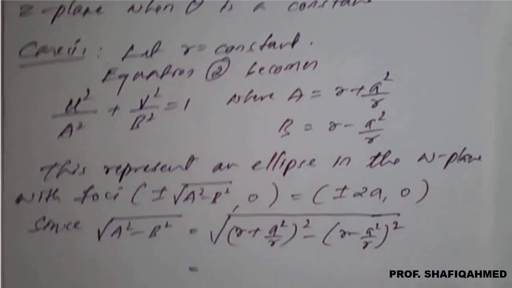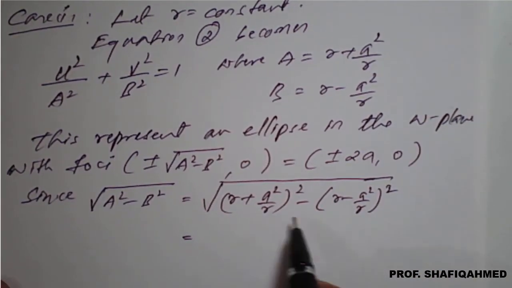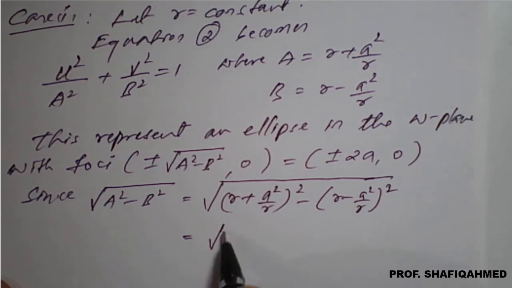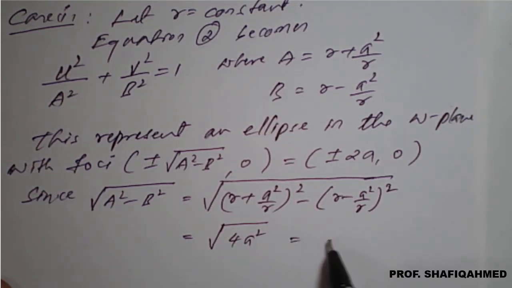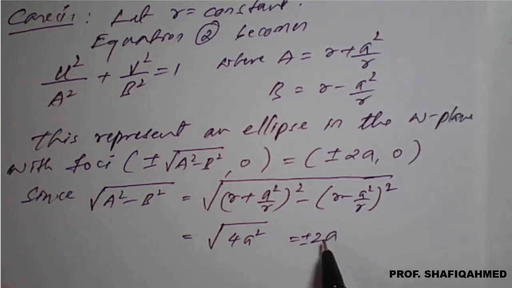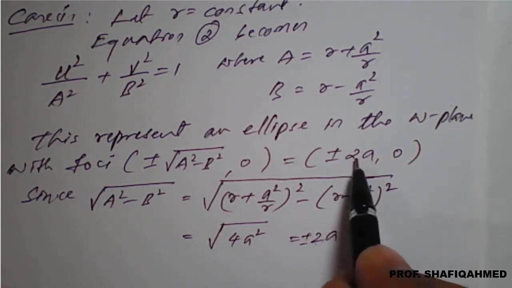If you simplify under the root, we are left with the square root of 4a square. Already we have done this calculation above, so the square root of 4a square is nothing but plus or minus 2a. So I had written this work here directly.